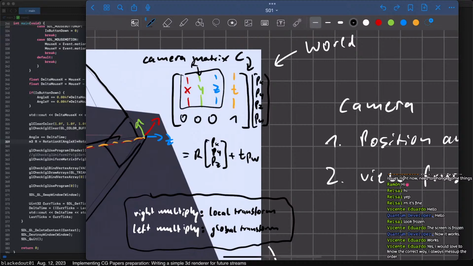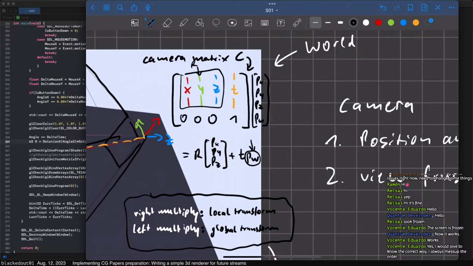And this is why often we just choose this to be 1 or 0. So 1 in the case if we want to translate the point, and 0 in the case if we don't want to translate the point. So with the w coordinate, you can kind of think of it like, do we want to translate the point or not?